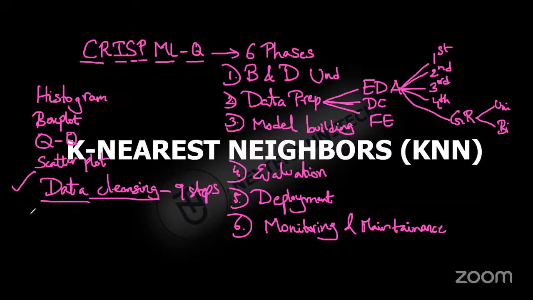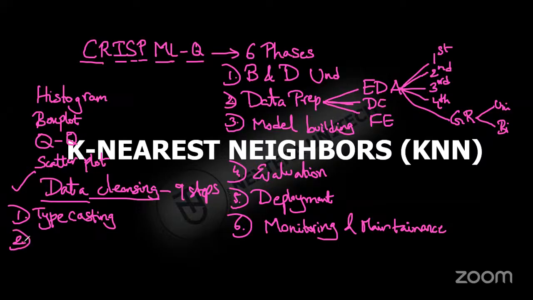So what are the 9 steps, guys? Typecasting. What is typecasting? Typecasting is nothing but conversion of data type from one type to other type, that is exactly called typecasting.